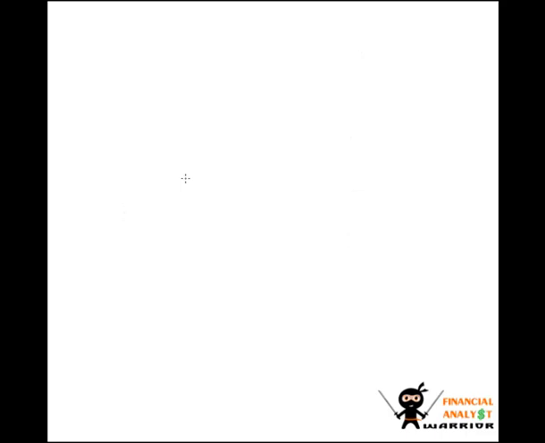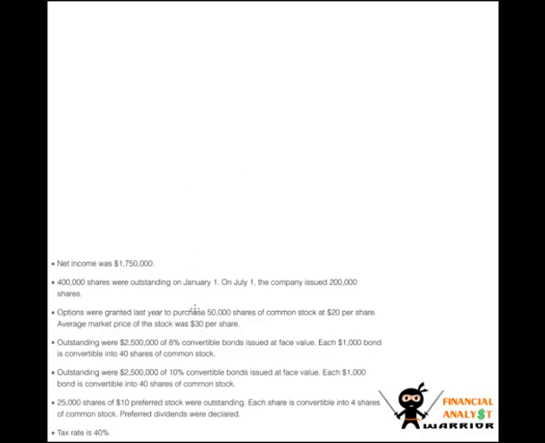Now, in terms of the type of securities that can be dilutive, there's mainly three types of securities. First of all, and you have an example here, a pretty typical question of diluted and basic EPS. And you have here, for example, options. So the three types of securities that will be dilutive: first is options, and these are employee stock options, not financial options that you can buy on the exchange.